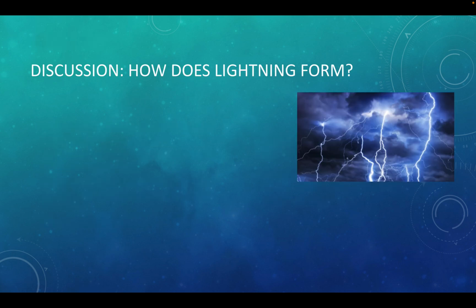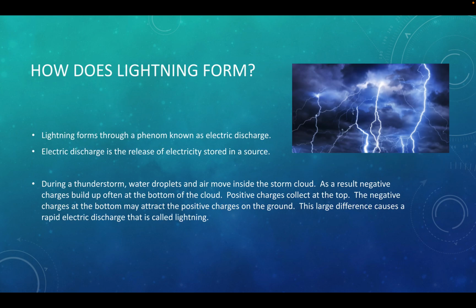So let's start today off with a warm-up. Go ahead and let me know in the chat, how does lightning form? I'm going to give you a couple of minutes here in Engagely. As we review the answer to that warm-up, lightning is formed through a phenomenon known as electric discharge.